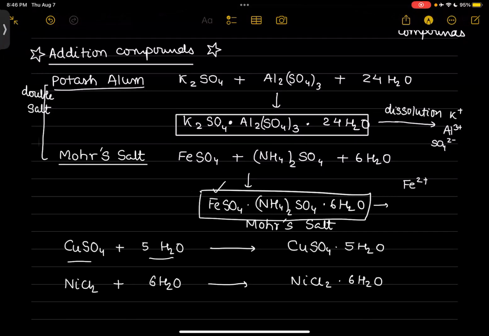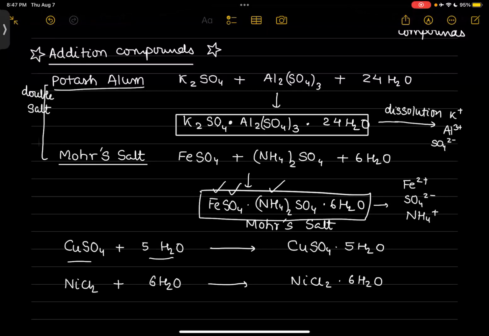You will have Fe2 plus ion, you will have sulfate ions, you will have ammonium ions. Sulfate is already taken, got it? And water will mix with the water only. That will not be an ion. So it will completely split into ions and it will completely lose its identity. Is it clear or not?